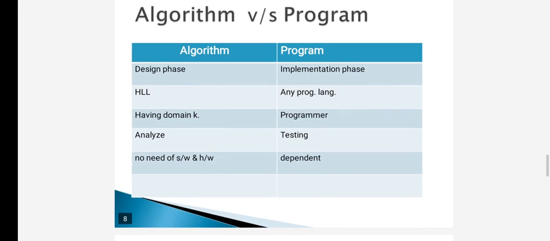In the next point, an algorithm doesn't need any software or hardware. We can write an algorithm on plain paper with pen or pencil, but in case of a program, the program is dependent on software and hardware.